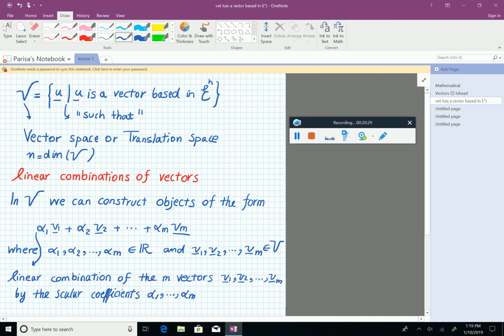So that's where we stopped on Tuesday. Linear combination has a lot of implications that we are going to see later today.